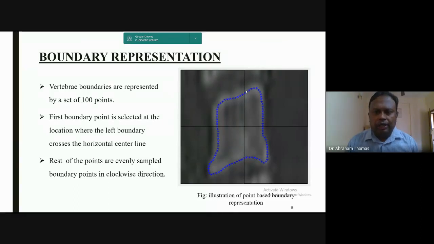Once you have that polygon, we find out the actual perimeter of the polygon and uniformly divide it into 100 points. That's how we get the ground truth of the boundaries.